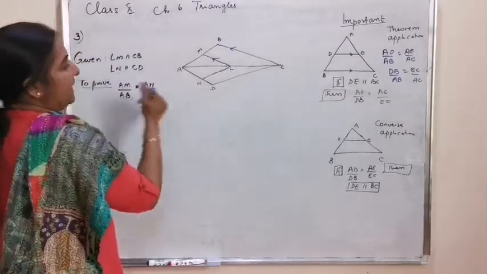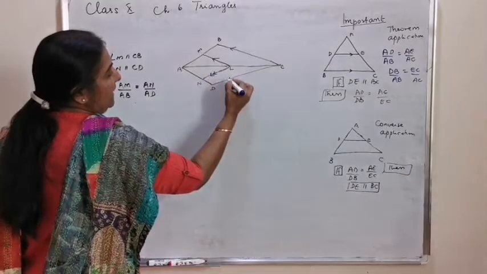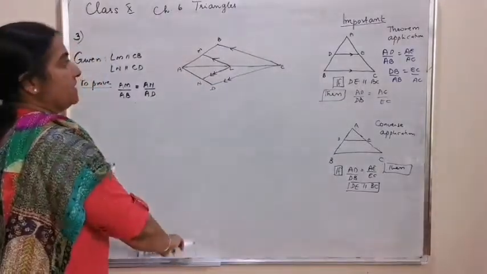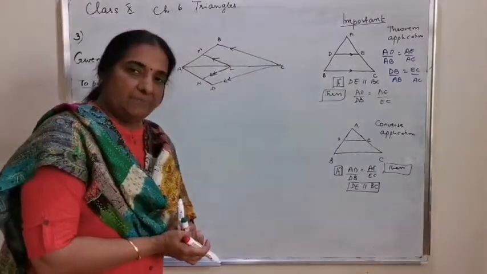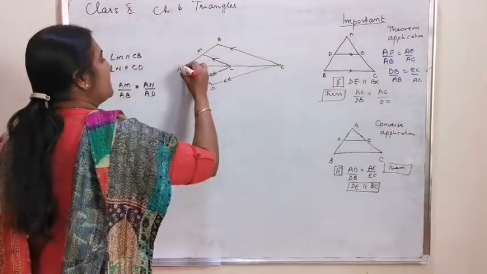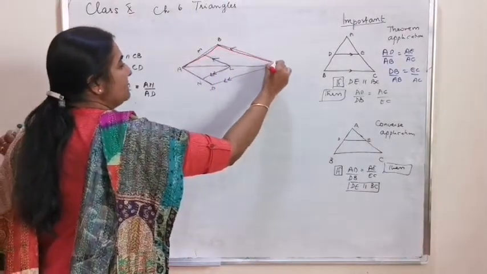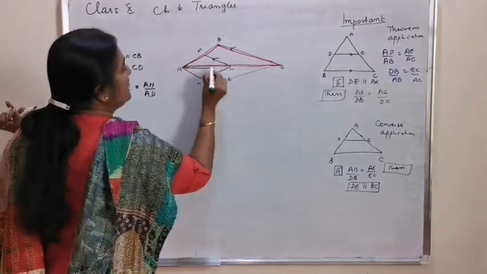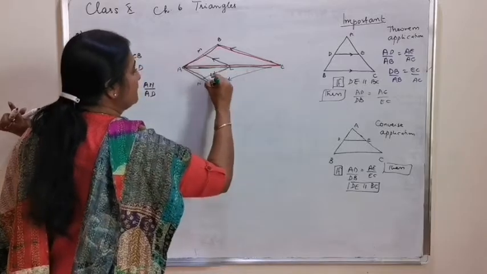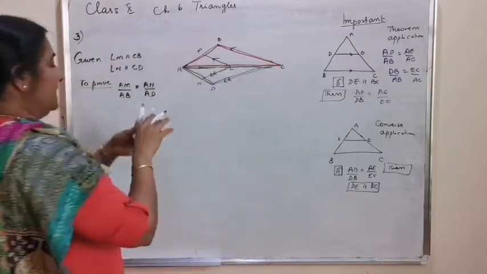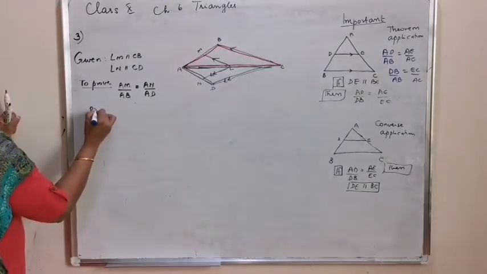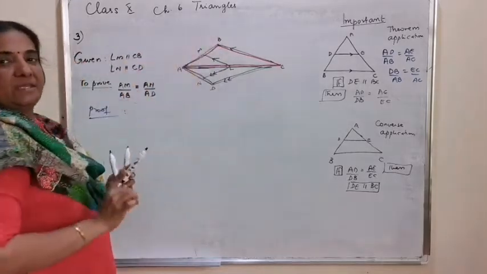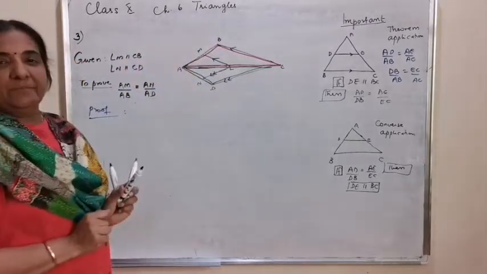So it's very clear, the application of basic proportionality theorem in the triangles ABC as well as ADC. So what is to prove is AM by AB is equal to AN by AD.